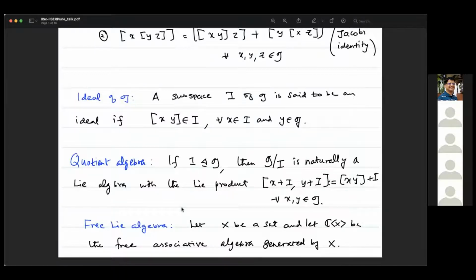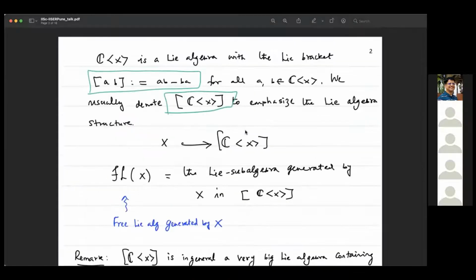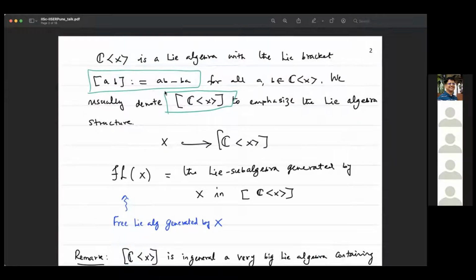Juxtaposition will give you the product on that associative algebra.